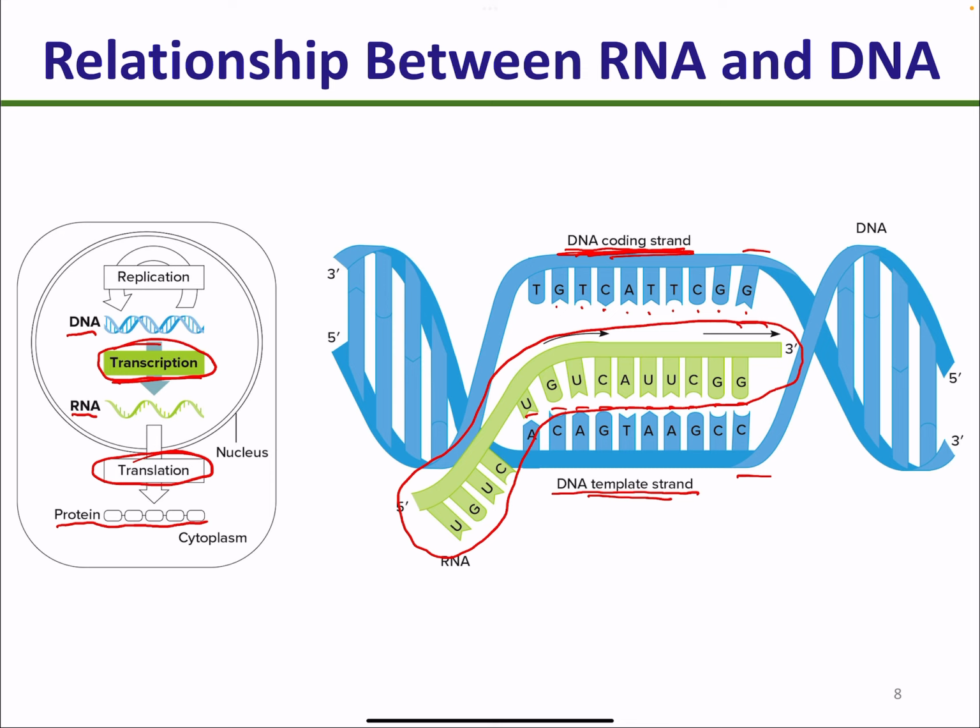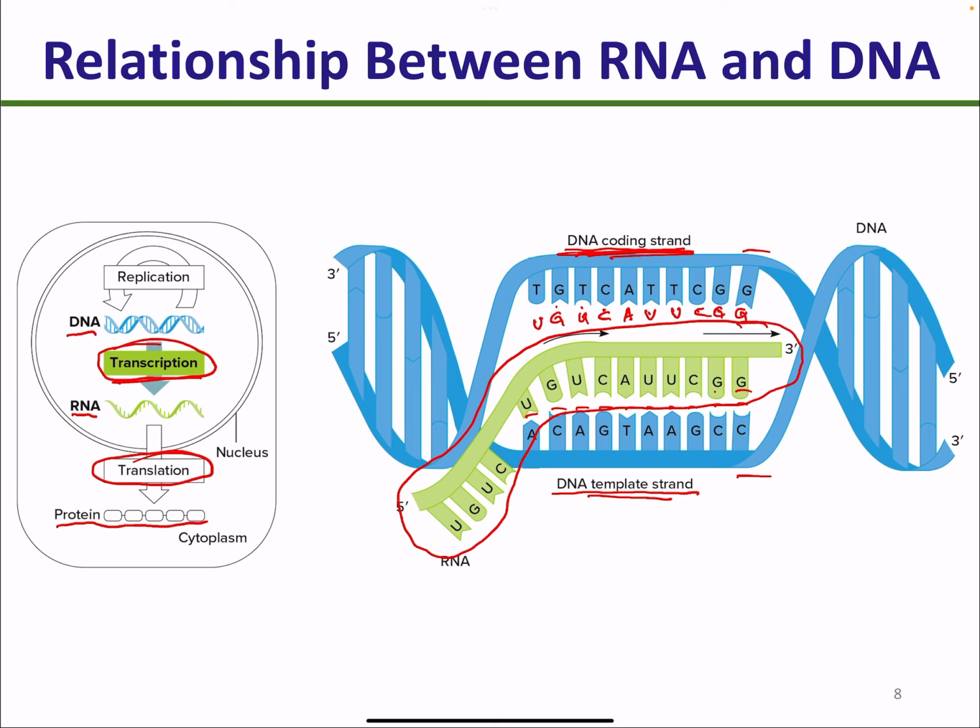And we know that in an RNA molecule, in place of T, we have U. With that being said, for that C here, we're going to have U, we're going to have G, we're going to have another U, we're going to have C, A, U, U, C, G, G. Let's take a look.